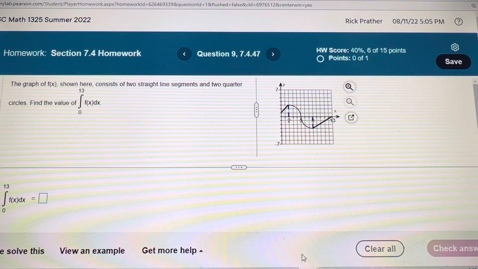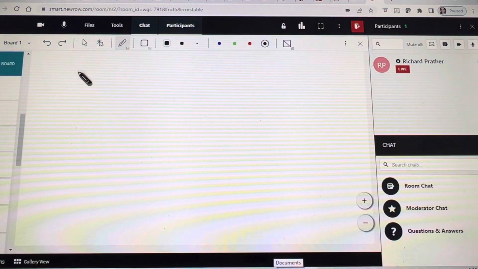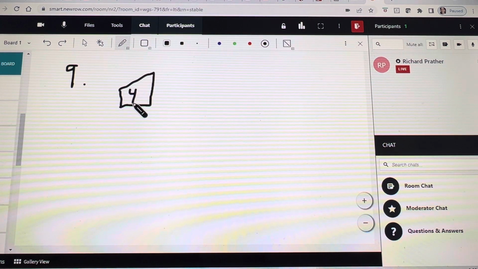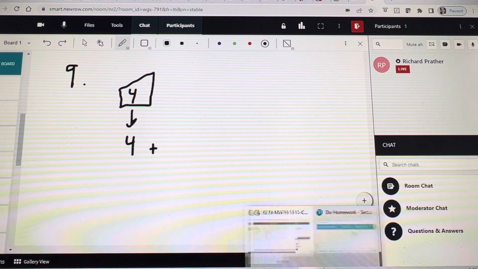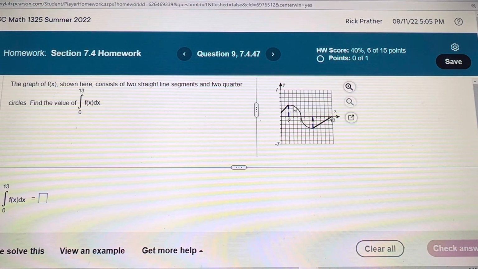What number is this one? 9. So that trapezoid area is 4, and it's above the x-axis, so that would stay positive 4. Then for the quarter circle, what you do is just use the area of a circle, and when you get your answer, divide by 4 since it's only 1/4 of a circle.